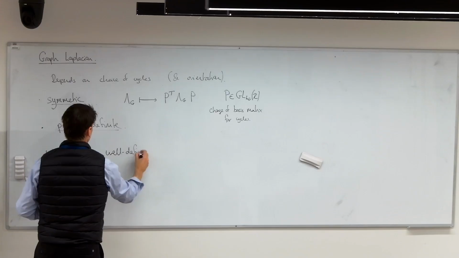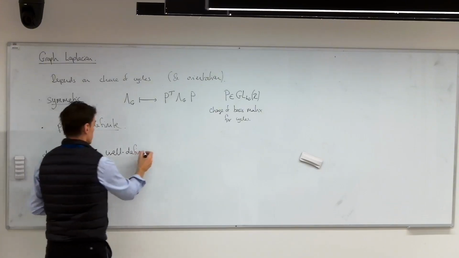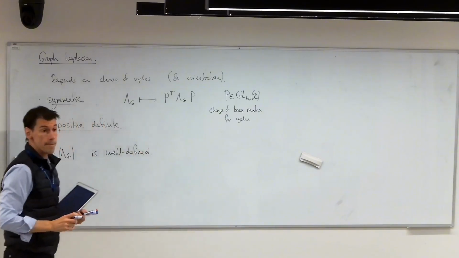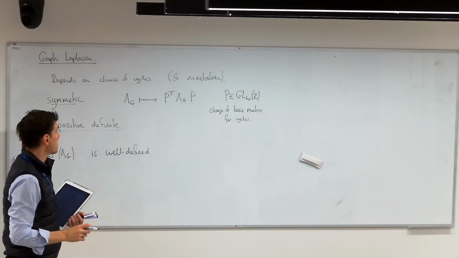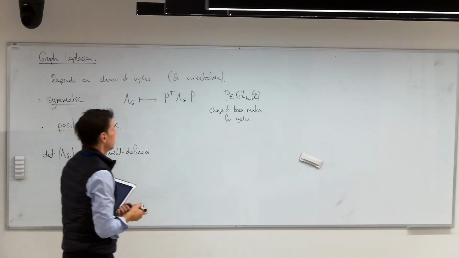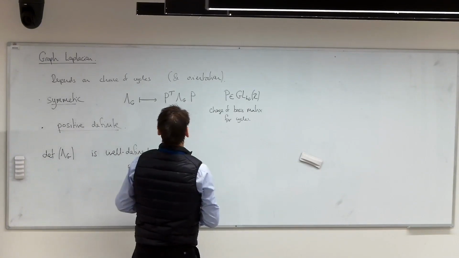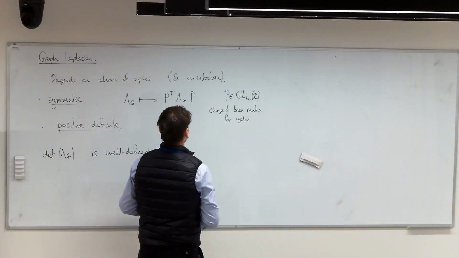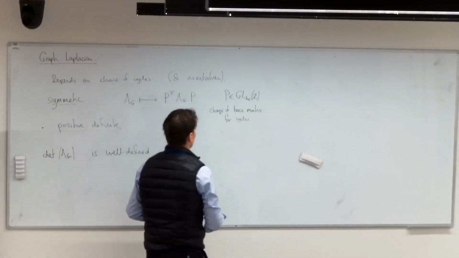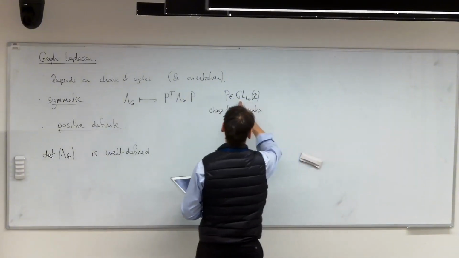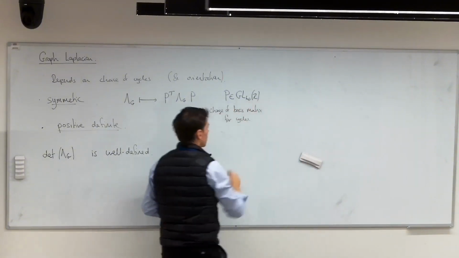Maybe P in SL? Sorry? P in SL or GL_h(Z)? It's possible to change. Oh, it doesn't matter. You can always take transposition, but no, you could have sign minus 1.